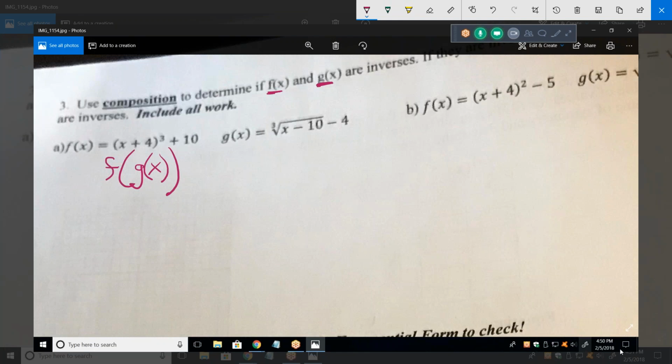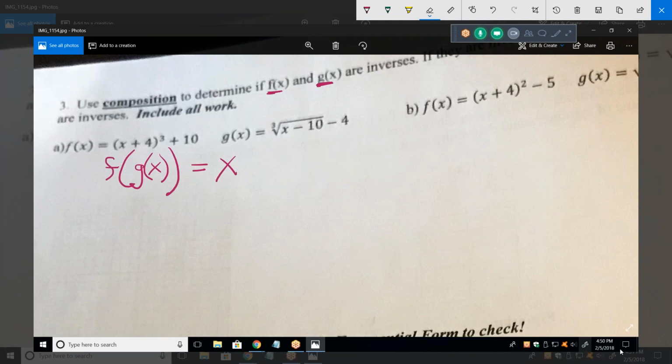Now, if f of x and g of x are inverses, that has to be x, equal to x. So that's how you prove two functions are inverses of one another. And this also has to be true. G of f of x has to also be x. So normally we only have to prove one of them. So we won't go to the trouble to prove both. Okay?